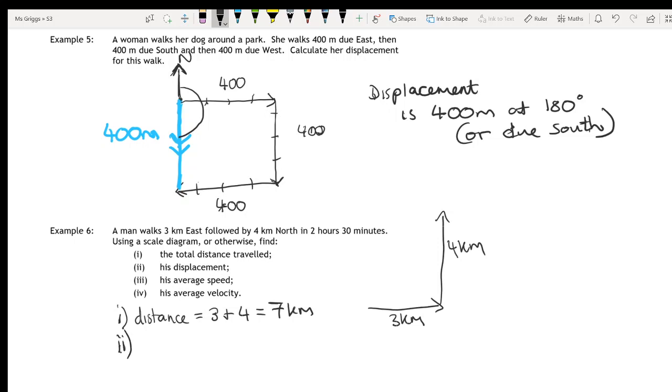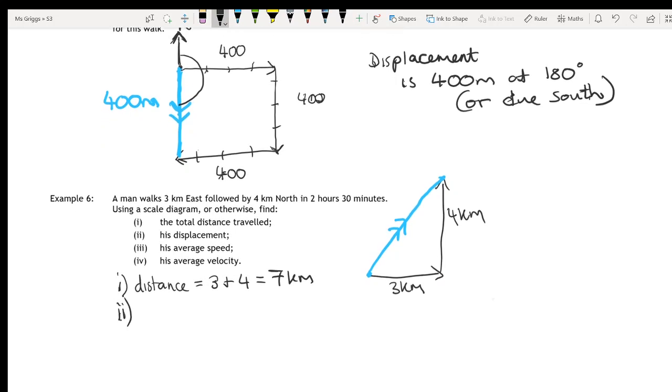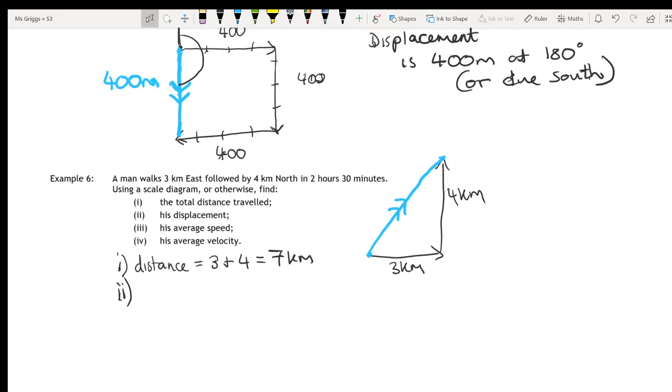the displacement. So the displacement is from the start point to the end point. So that's my displacement. Okay. So displacement is, well, you can either identify that as a 3, 4, 5 triangle, or you can use Pythagoras theorem. So I'm going to pretend that I didn't realise it was a 3, 4, 5 triangle.